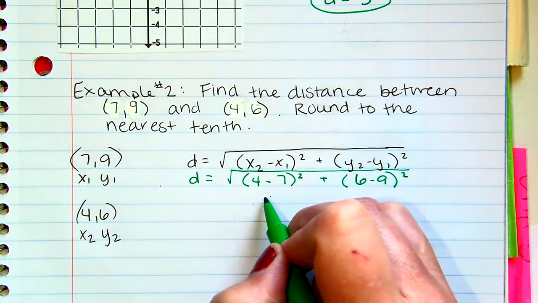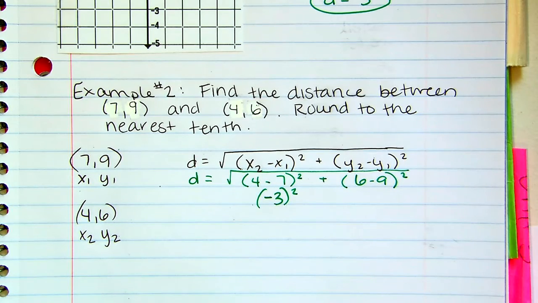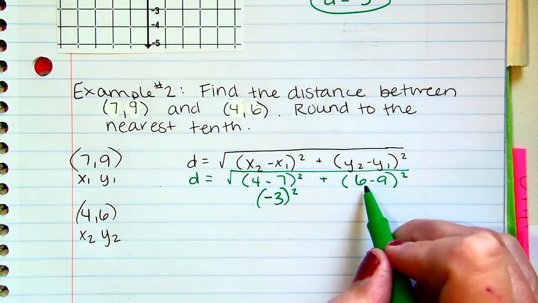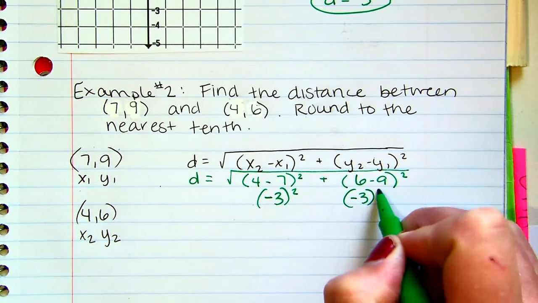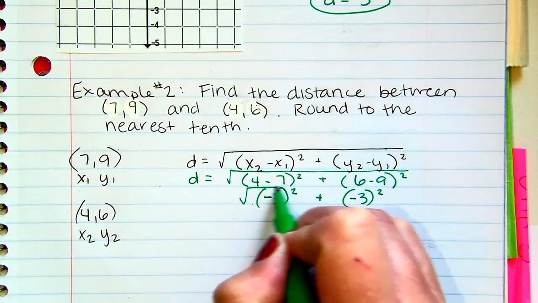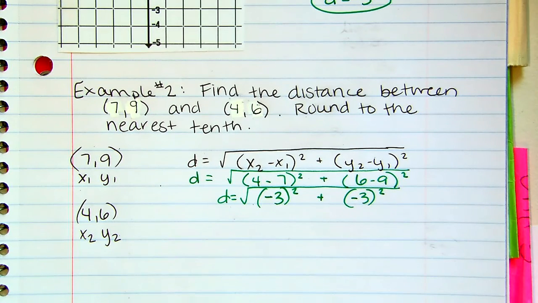I'm going to keep that parentheses with that. I'm also going to keep the parentheses when I go 6 minus 9, which is also negative 3. So I get D equals the square root of (negative 3) squared plus (negative 3) squared.